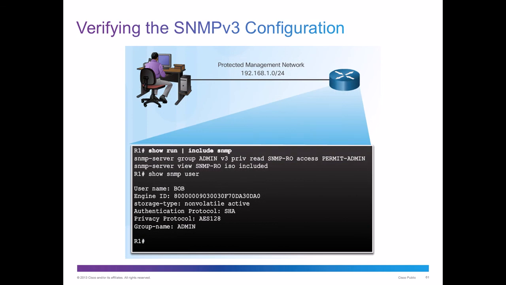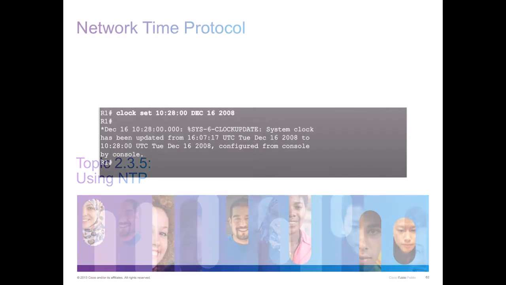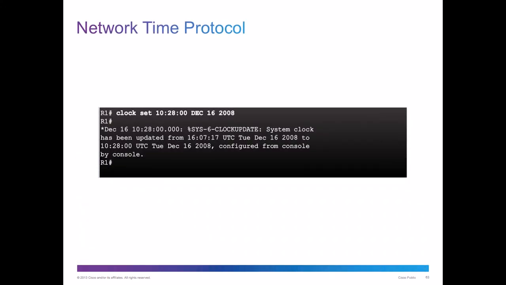Okay, now the Network Time Protocol, that's easy to set up. What you need to do with NTP is, if you have a router, you want to make sure all the routers and switches and everybody is synchronized in terms of timing when they're sending updates to each other.